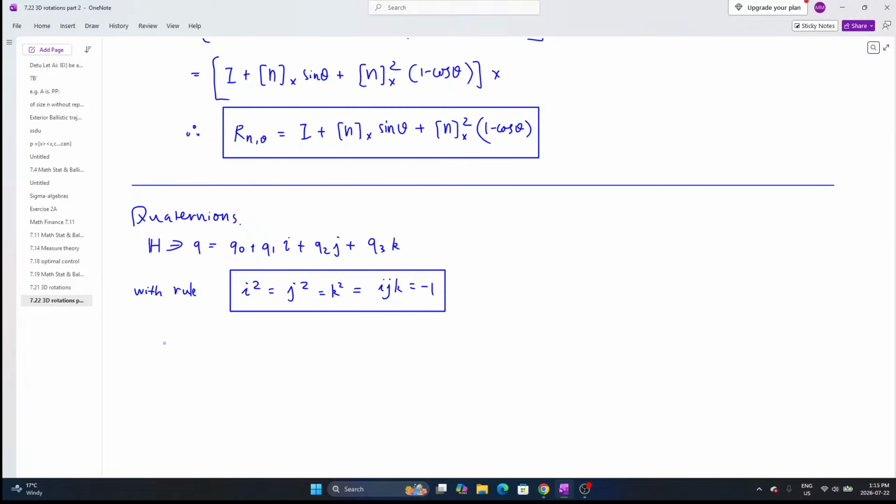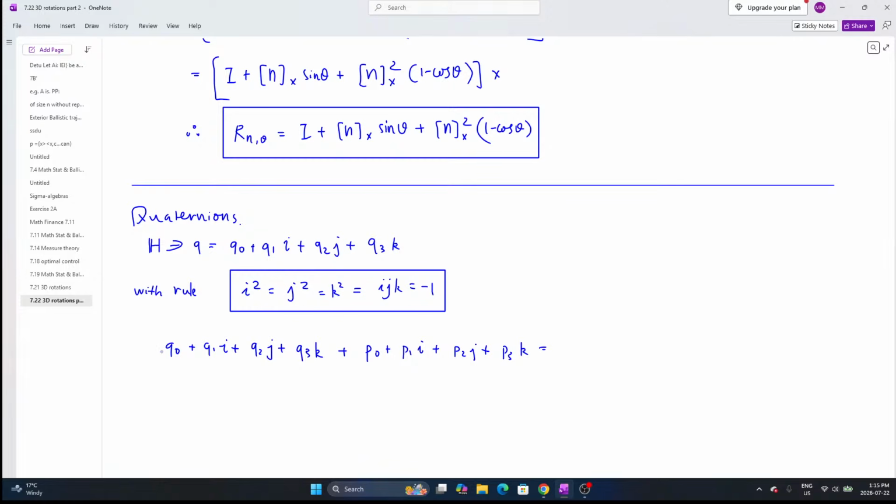So addition is straightforward. Q0 plus Q1 i plus Q2 j plus Q3 k, plus another quaternion, which is P0 plus P1 i plus P2 j plus P3 k. It's just component-wise addition.